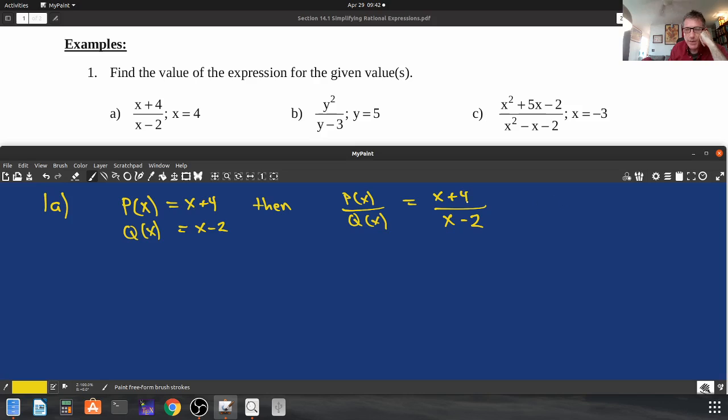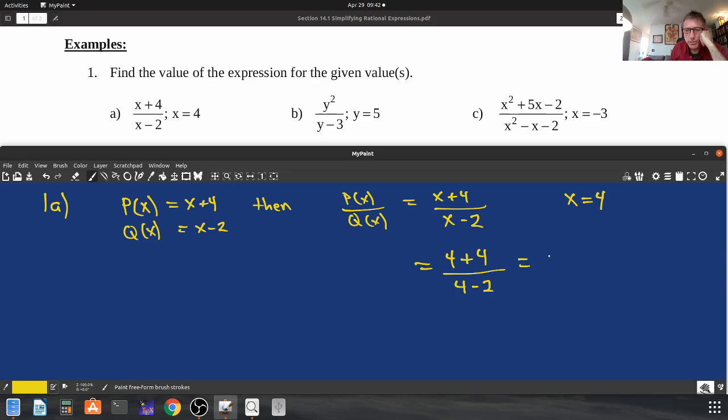So we want to evaluate this when x is equal to 4. So we just literally plug in the value of 4 for x.